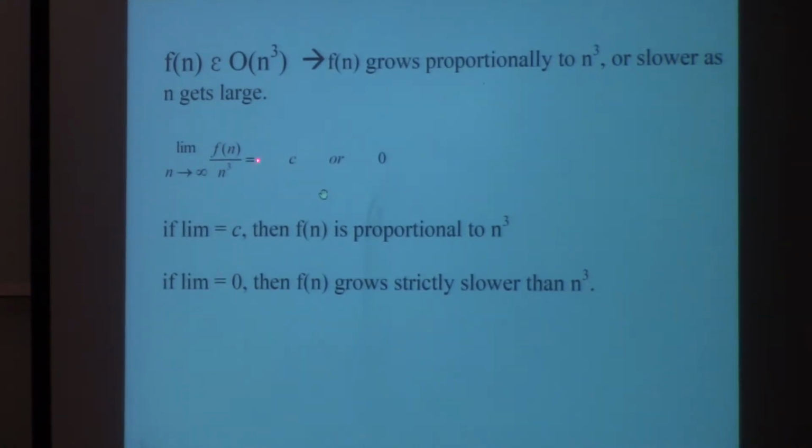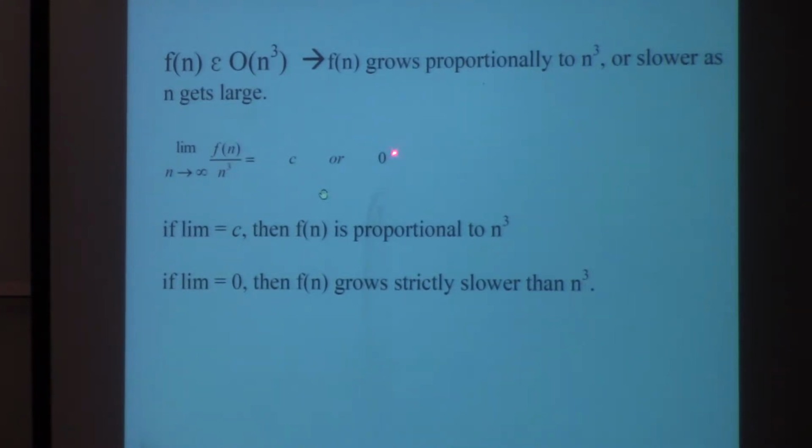Now, if this limit converges to a constant c, that means that as n goes to infinity, these functions are proportional to each other. And c is the proportionality constant.